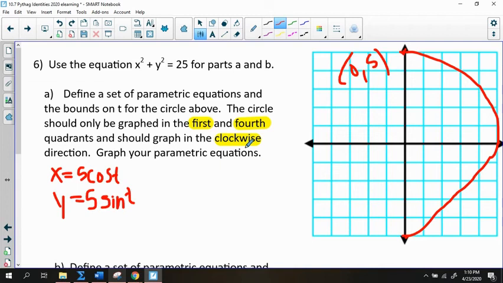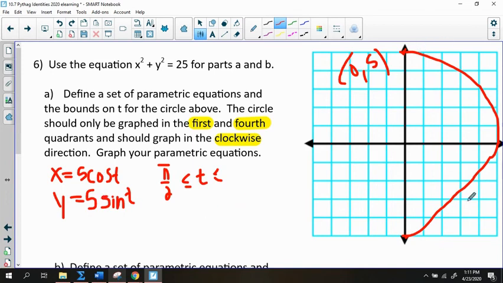So that means depending on what I want for my time will depend on if I want it to be cosine and sine in these places. So if I started off like this, I want my x value to be 0. And if I put 0 in for cosine here, that is not going to give me an x value of 0. So for this thing, I would have to start off with pi over 2. So cosine of pi over 2 is 0, and sine of pi over 2 is 1. So I get the point 0, 5.